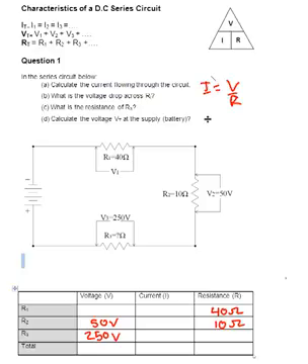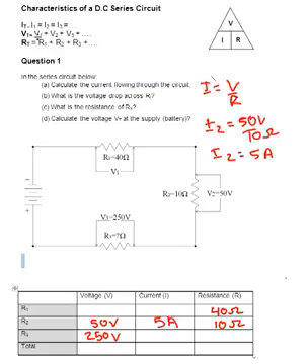So we have I2 equals 50 volts divided by 10 ohms. I2 equals 5 amps. So we can write that in, 5 amps.